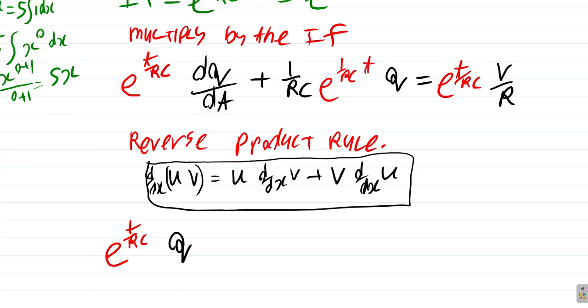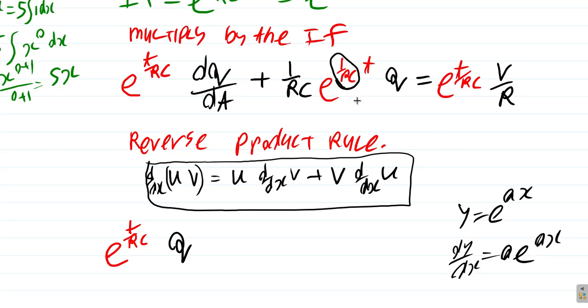Now, if you remember, when you have y is equal to e to the ax, and if you mentally remember your differentiation by substitution or the chain rule, you see that dy by dx would be a e to the ax. You remember that? Now this would be like your a, so it's a similar thing.